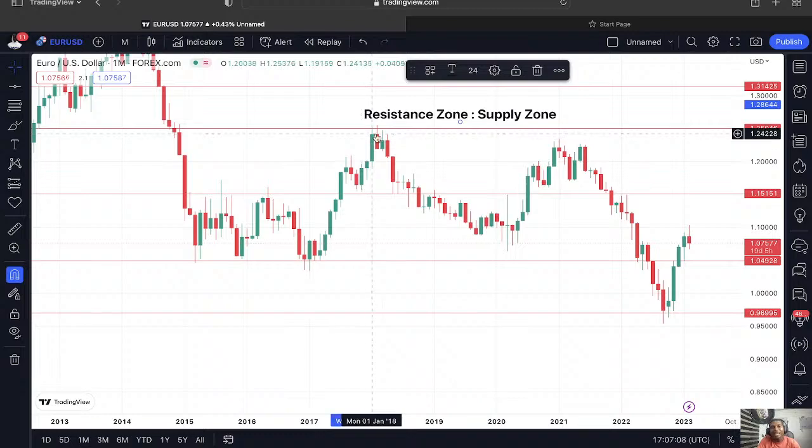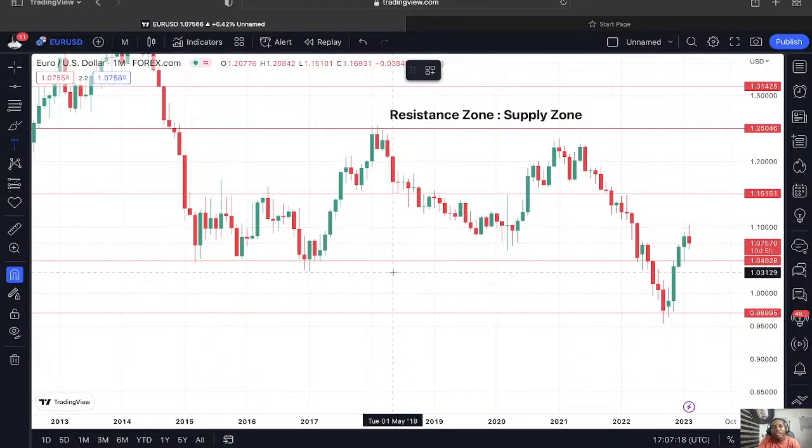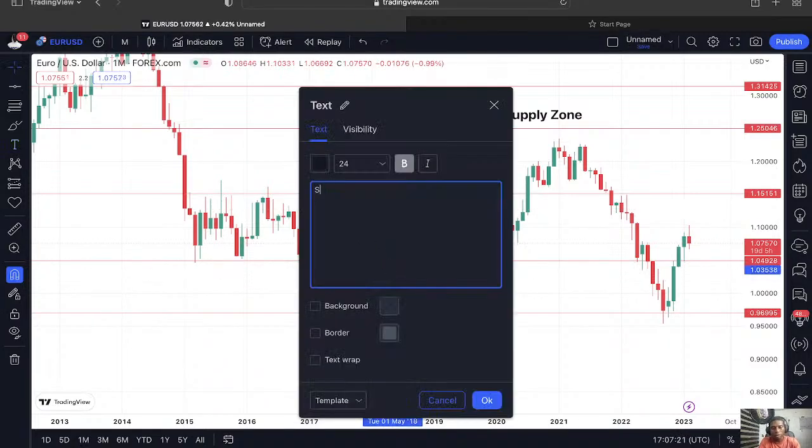Sellers are willing to sell at this zone. The support level is also known as the demand zone.